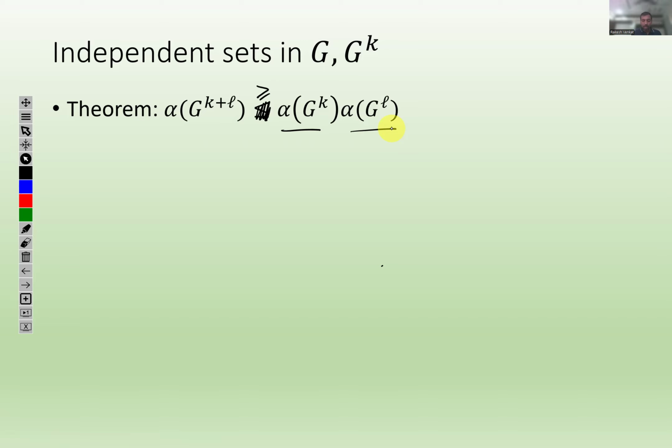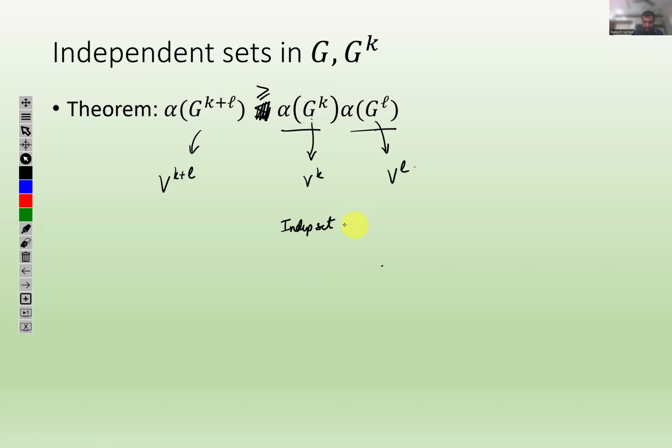So you take an independent set here, take an independent set there, and take their Cartesian product. It will give you an independent set because the vertex set here is V to the k plus l, the vertex set here is V to the k, and the vertex set here is V raised to l. That is, l-tuples, k-tuples, and k plus l tuples. I won't write it out, because writing would introduce notation that is possibly more confusing than the actual thing.